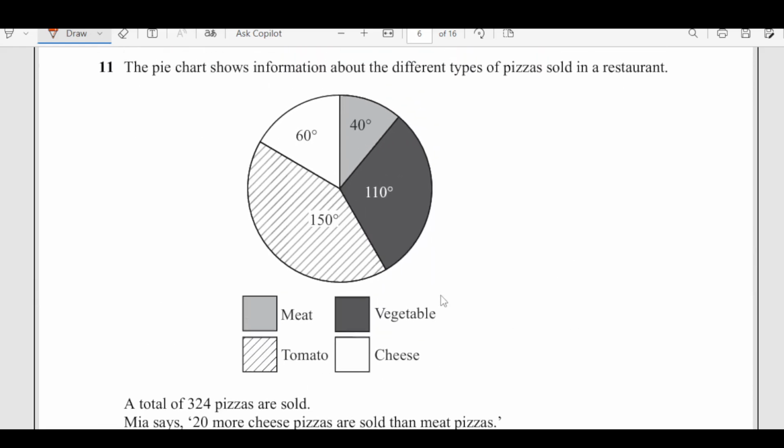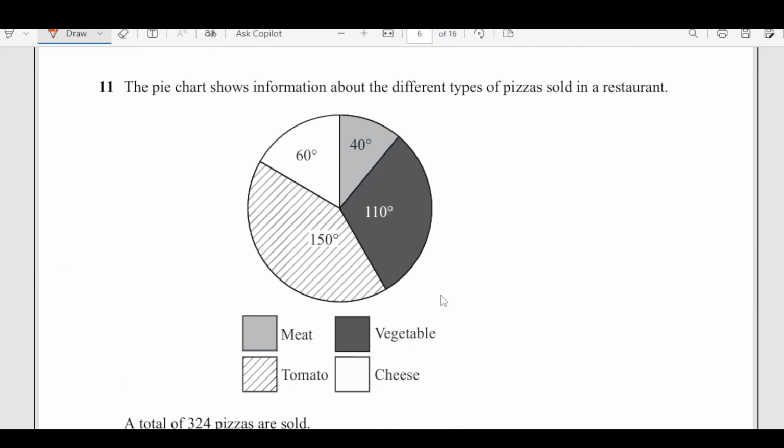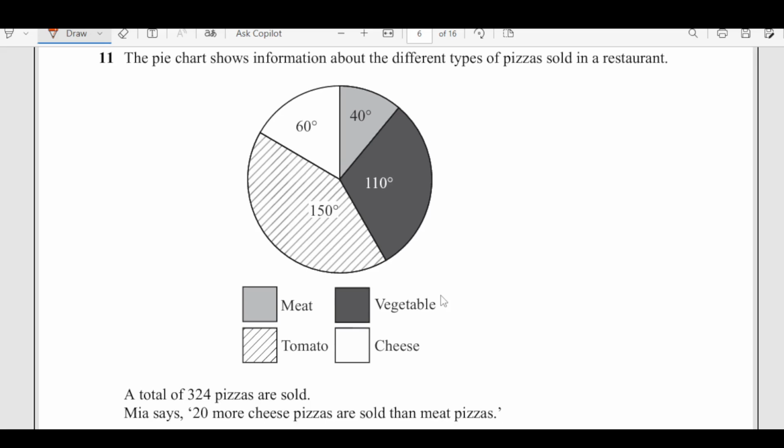Now, next question number 11, we have a pie chart. The pie chart shows the information about different types of pizzas sold in a restaurant. You can see we have the scale here. This is meat shown in gray and this line is tomato, vegetables and cheese.